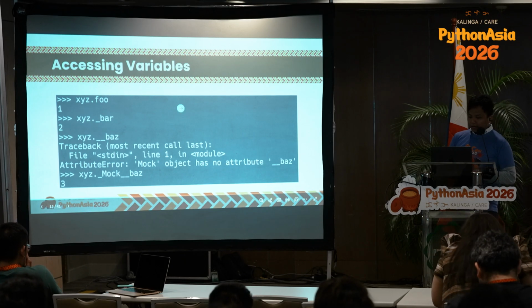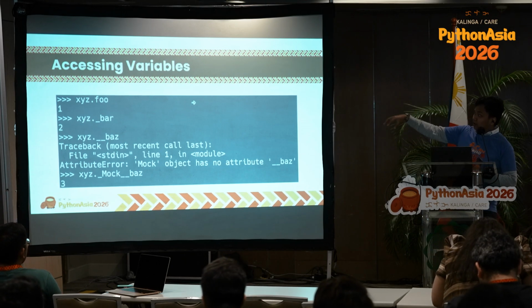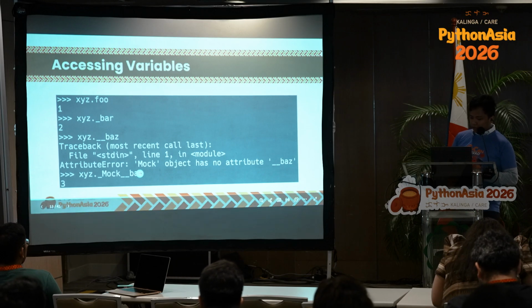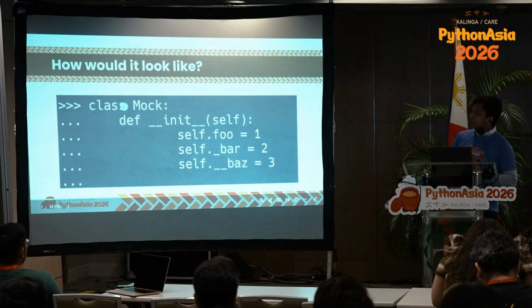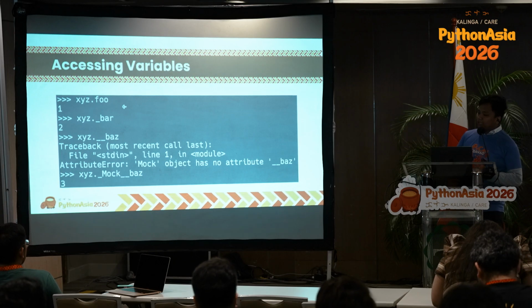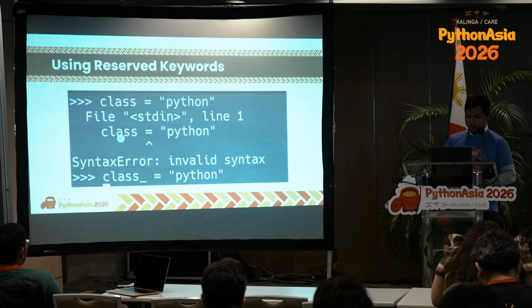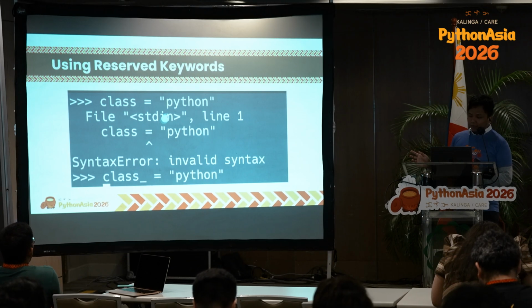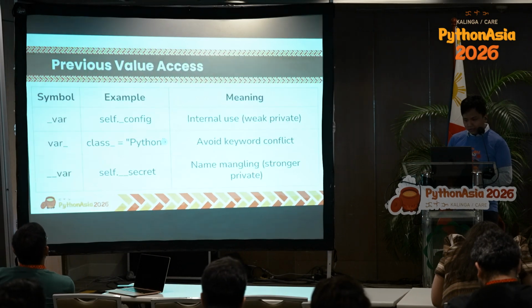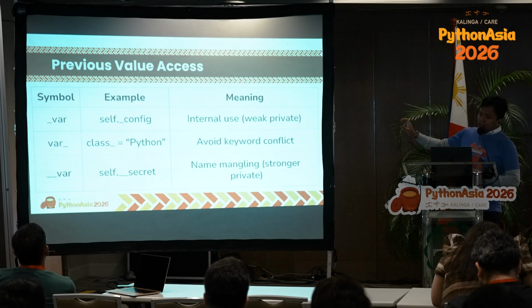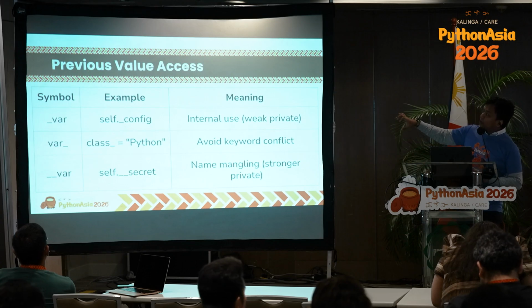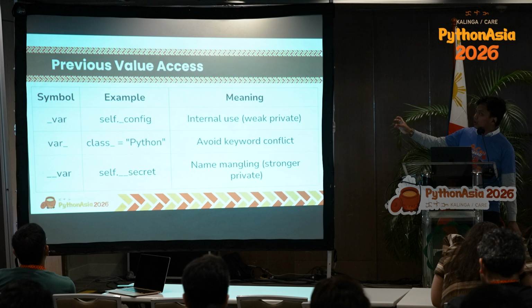I haven't shown the full code here, but the class name is Mac. So you need to prepend Mac for you to access the third variable. So this is the TLDR of that variable assignment.